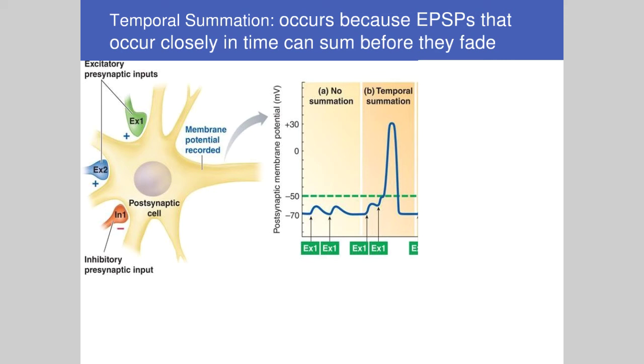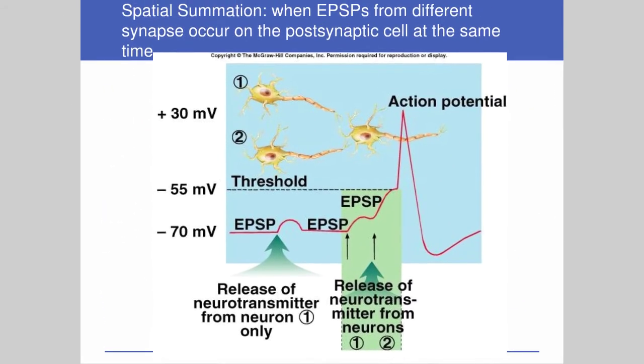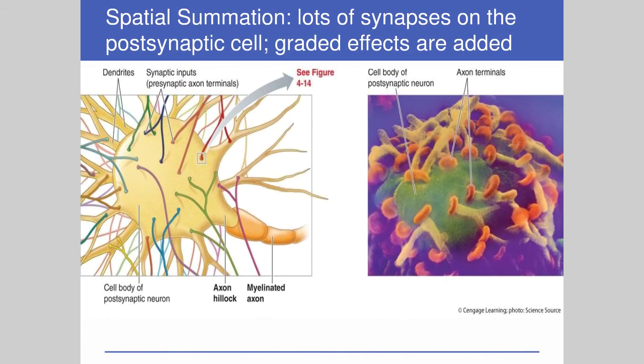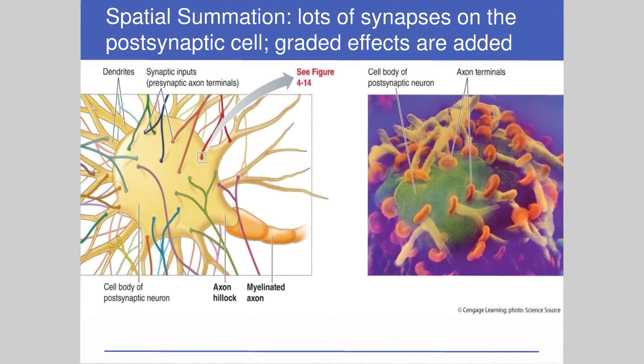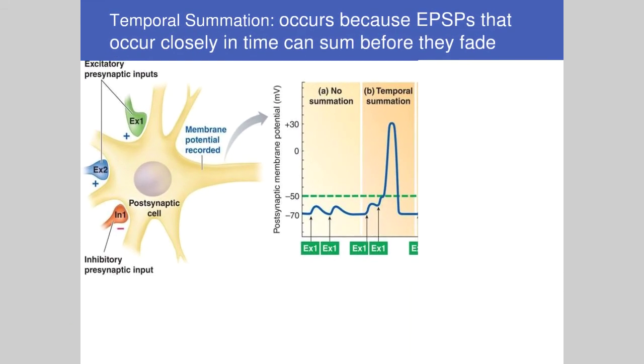But if several presynaptic cells are firing at the same time, like in this picture, then that's spatial summation. Spatial summation refers to the space and several presynaptic neurons firing, and temporal refers to how often a presynaptic cell fires.